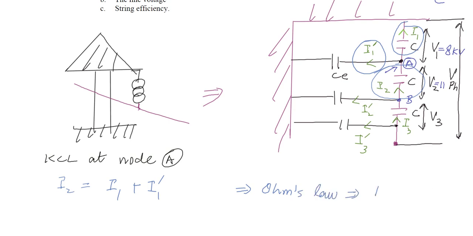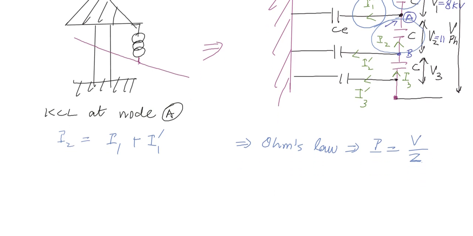And according to Ohm's law, we know that current is equal to voltage over impedance. And here we talk about the capacitances, so we will say capacitive impedance.